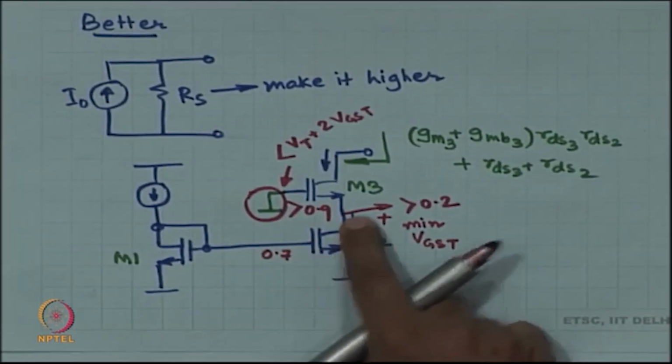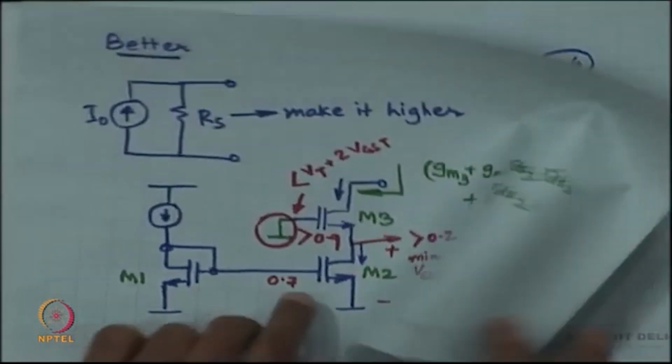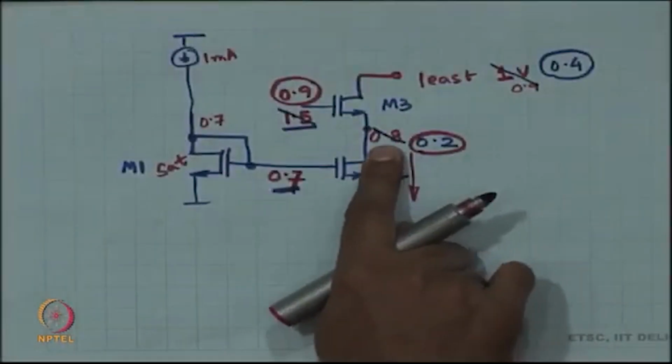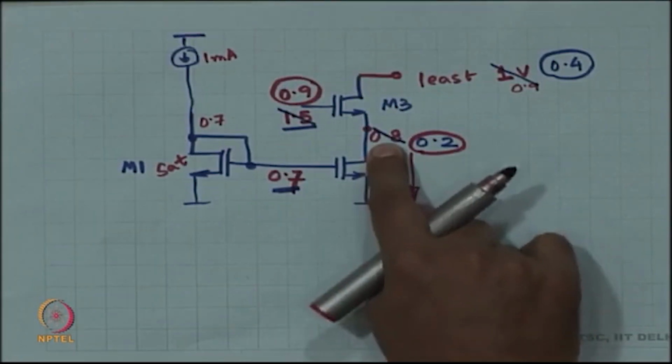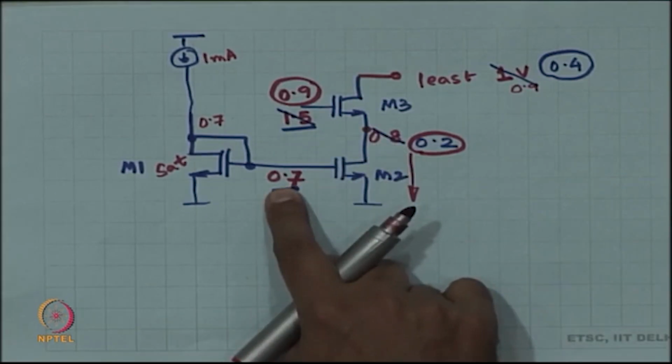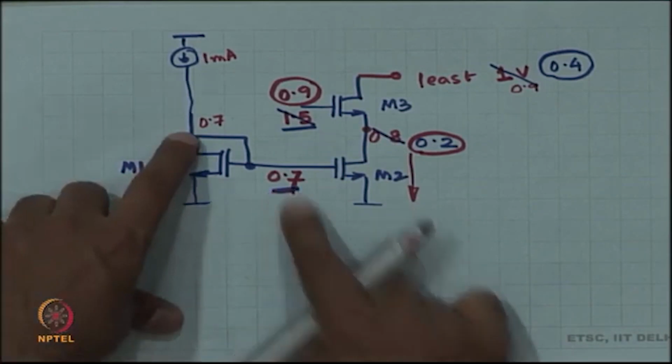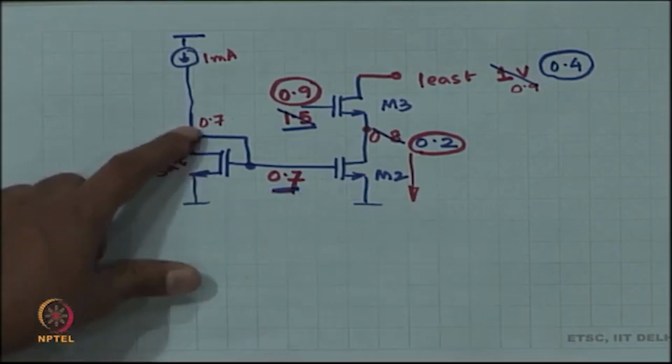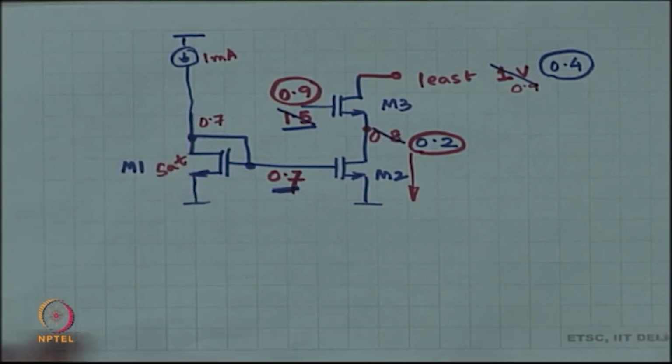In the other case, VGS was 0.8, VDS was 0.8, VGS was 0.7 for M2, but in the reference device, VGS and VDS are both 0.7. So, once again the currents are not exactly identical.